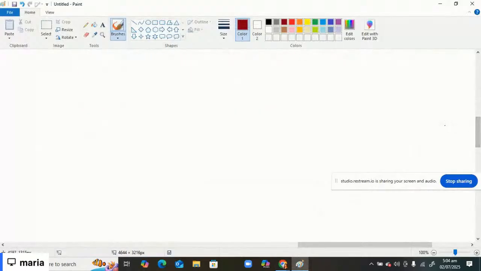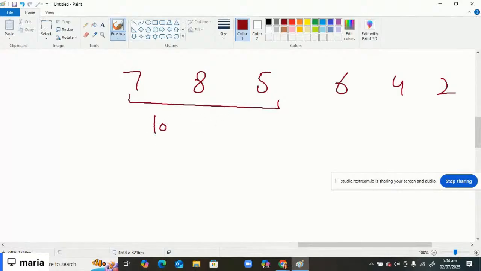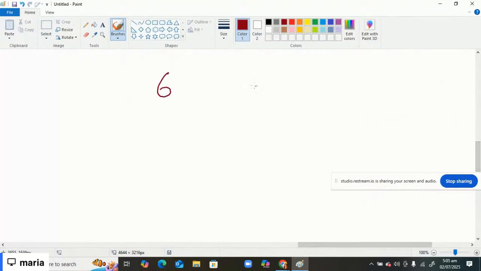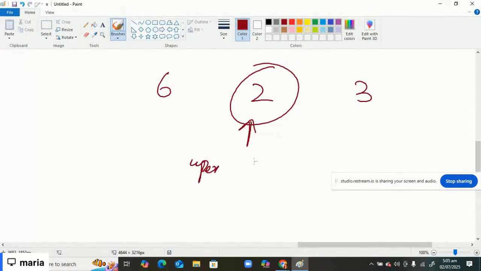For example, if the data is given as 7, 5, 6, 4, and 2, these are basically called the lower half, and this is basically called the upper half. We just take the upper half data 6, 2, and 3. Now the middle of this is called the upper quartile.